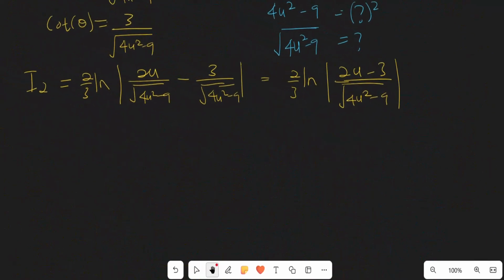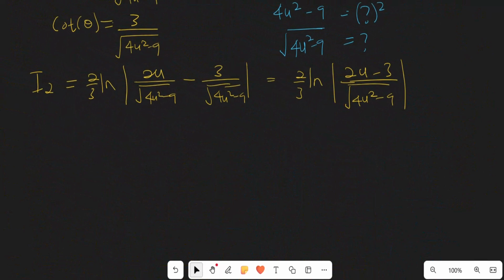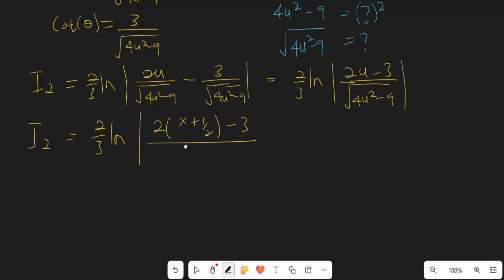So wherever you see u, you can just plug in x plus 1/2. So our I2 becomes 2/3 natural logarithm of 2 times x plus 1/2 minus 3 all over the square root of 4 times x plus 1/2 squared minus 9.